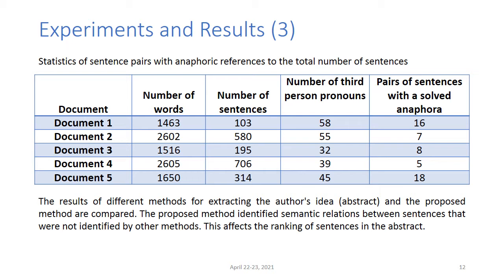Of course, for us the most important are the last 2 columns, number of third-person pronouns and the pairs of sentences with a solved anaphora. The proposed method identifies semantic relations between sentences that were not identified by other methods. And you can see how many such sentences our documents contain.